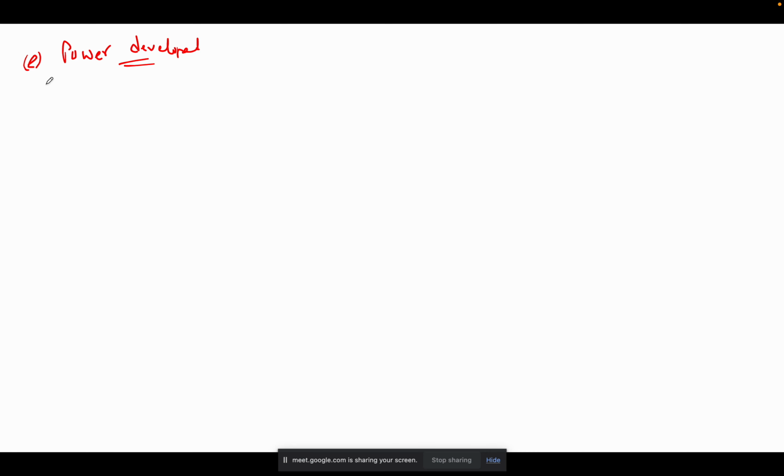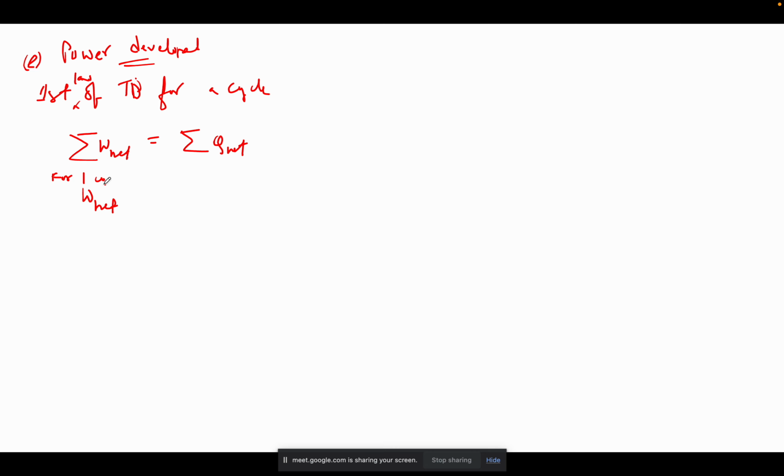We know the first law of thermodynamics for a cycle: summation of all the W is equals to summation of all Q. So for one cycle, what we need is W net for a cycle, and that will be basically your Q net of the cycle.